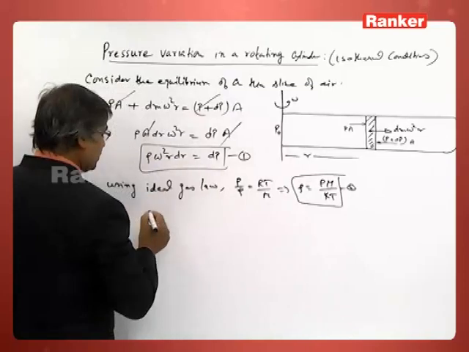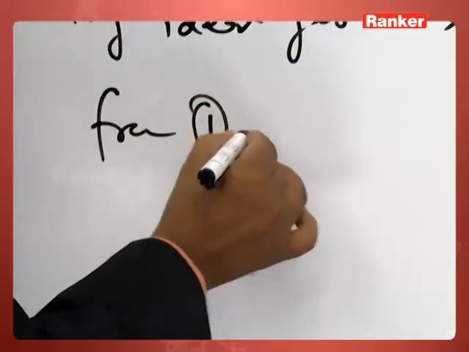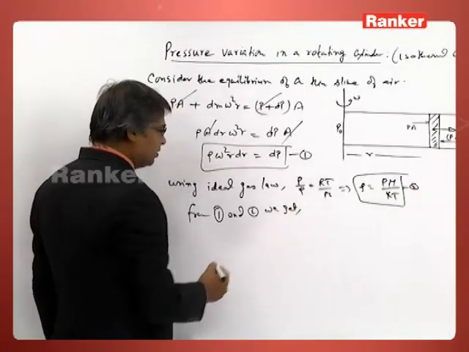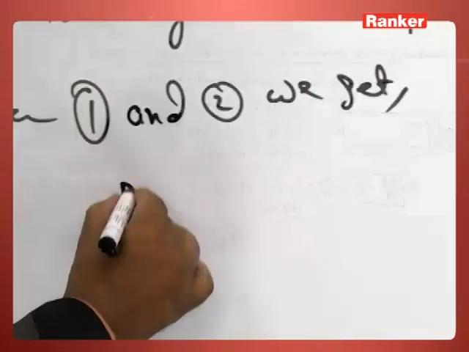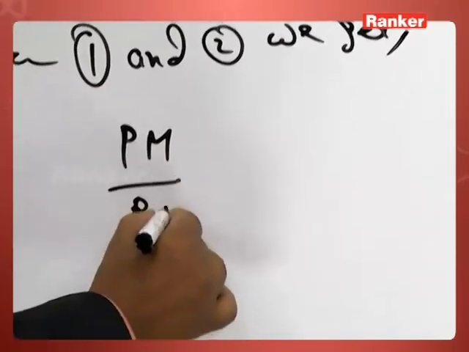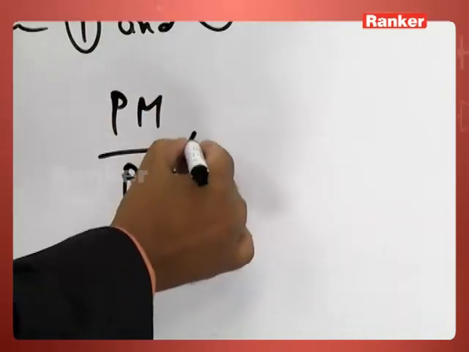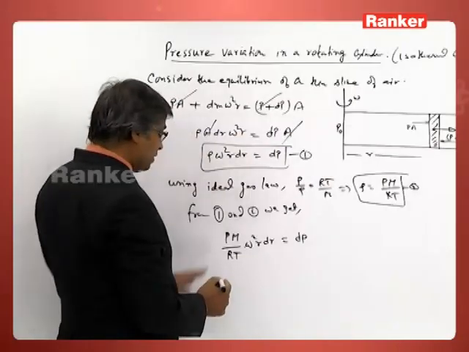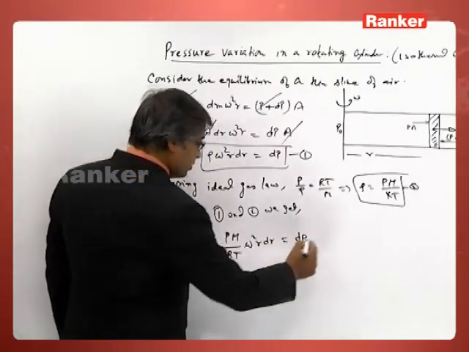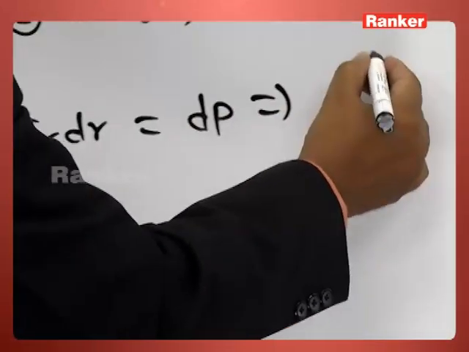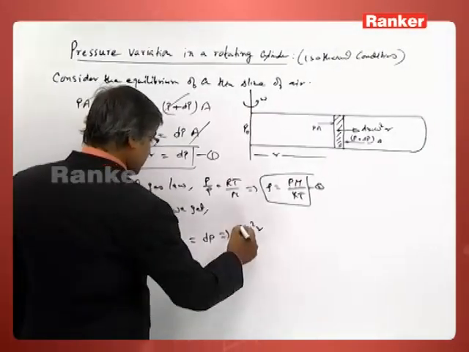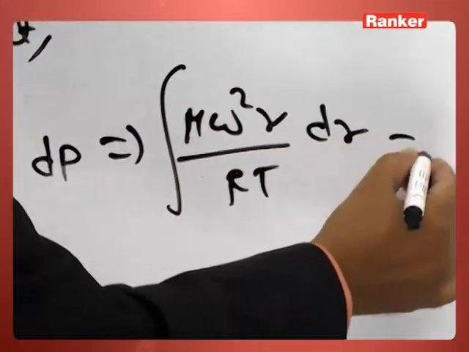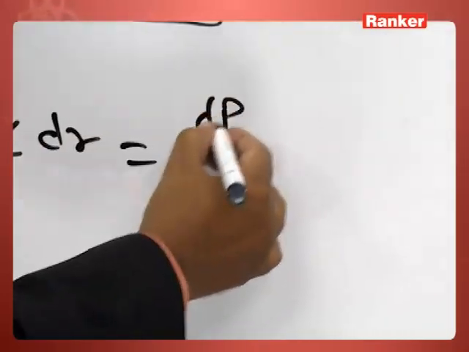So from 1 and 2 we get rho equal to PM by RT, where R is the gas constant and T is the temperature, and rho omega square r dr is equal to dP. So I will bring P to this side, which implies M omega square r by RT dr is equal to dP by P.